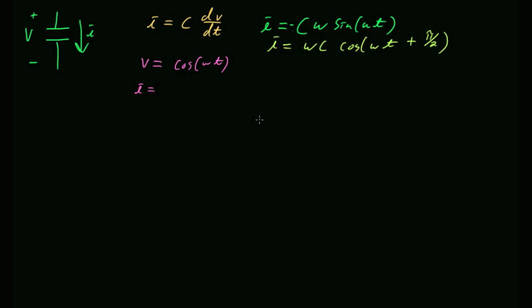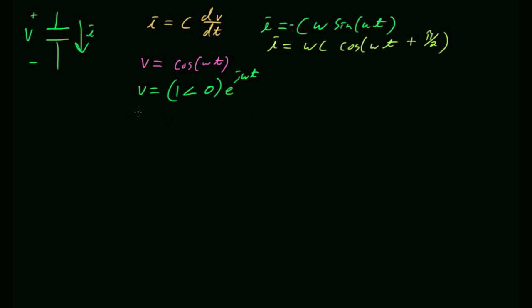Okay, so if I write my input as a phasor, what's the magnitude and phase? 1 angle 0 e to the j omega t.